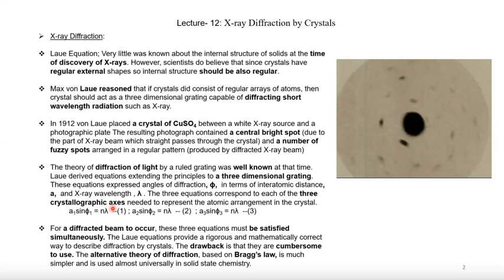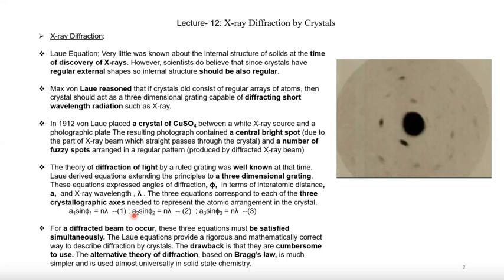Because at that time, we at least knew that in solids there are systems which have three-dimensional crystallographic axes and interaxial angles. So he represented this equation a1 sine psi 1 is equal to lambda 1, in one direction of the crystallographic axis.